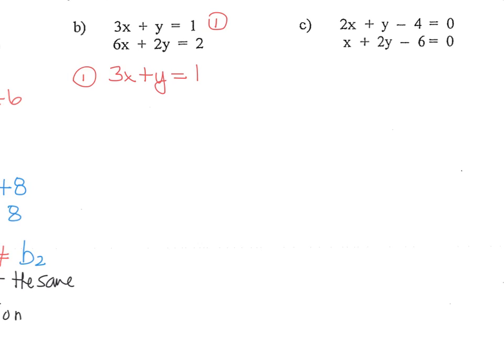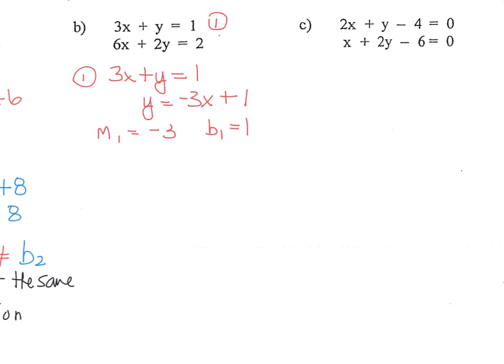We'll just rearrange it so we get y equals negative 3x plus 1. Okay, so my m1 is equal to negative 3. My b1 is equal to 1.